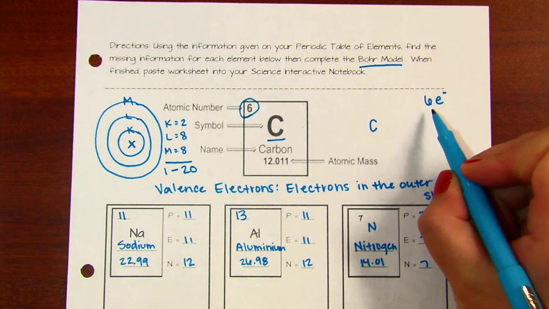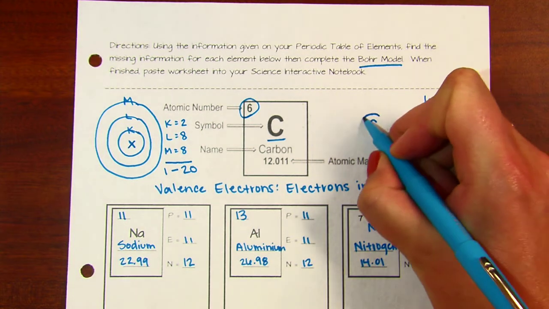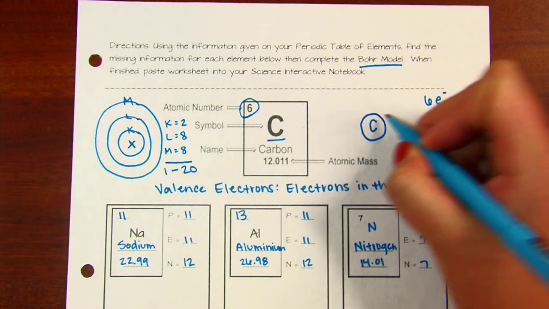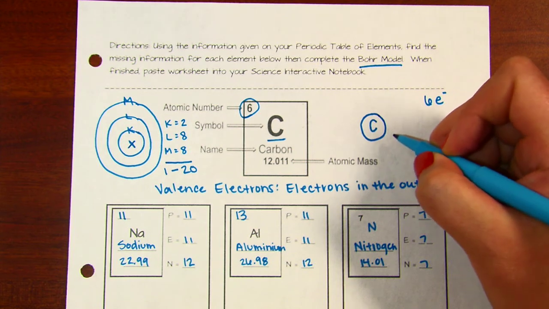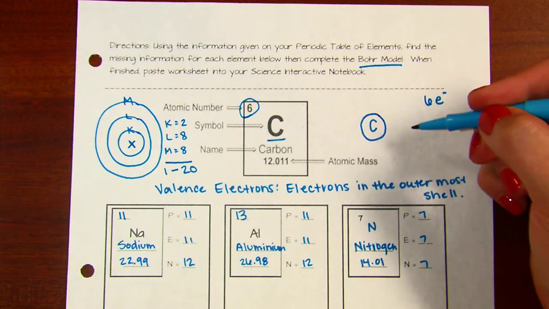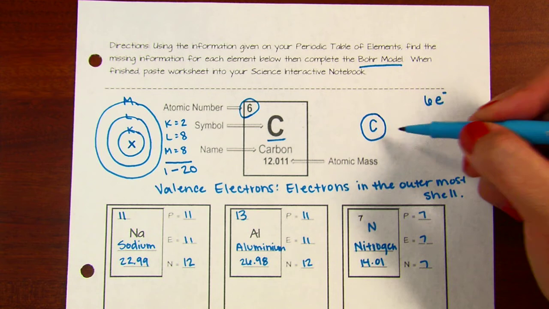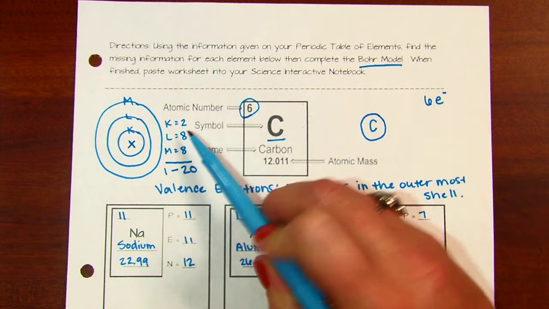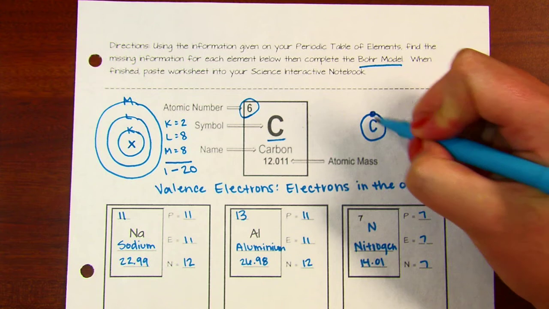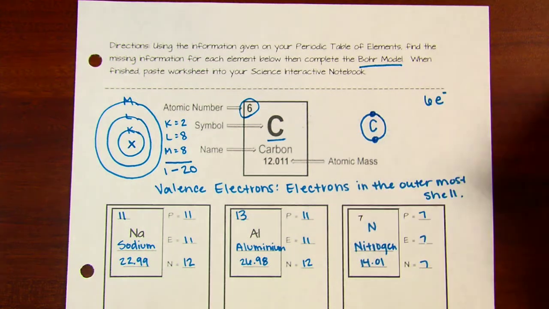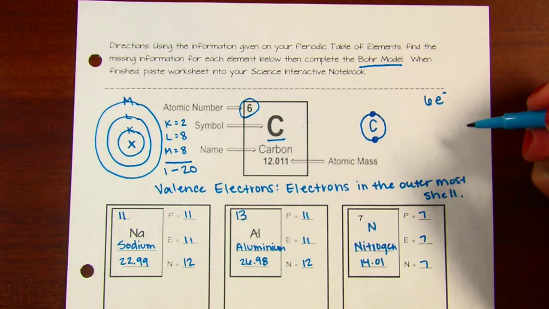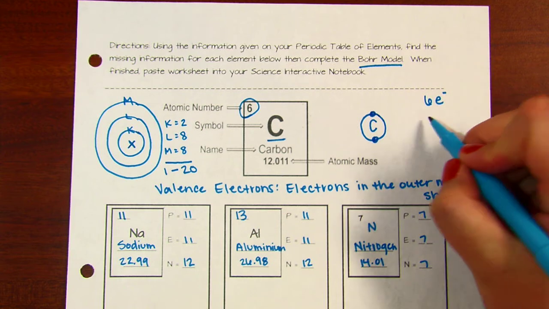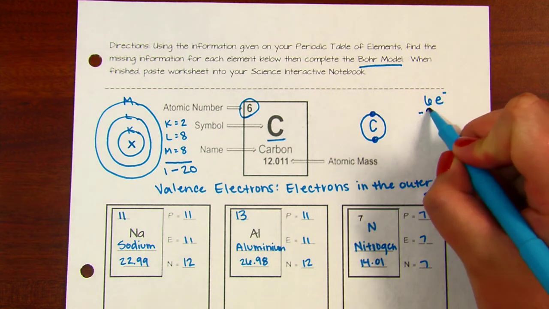We know that carbon has 6 electrons. So in our very first orbital, which by the way, these are called either orbitals or shells or electron shells. So in our very first one, this is called our K shell, it can hold 2 electrons. I'm going to go ahead and place my 2 electrons there. What I like to do over on the side is make sure that I account for all of my electrons.